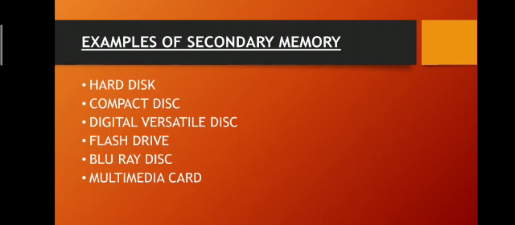Okay, now next is compact disk. Now what is compact disk? Compact disk is an optical storage device. Okay, and how does a compact disk look? It is a thin circular disk with a reflective metal coating. Okay, and the storage capacity of compact disk is 700 MB, and its size is 4.7 inches.